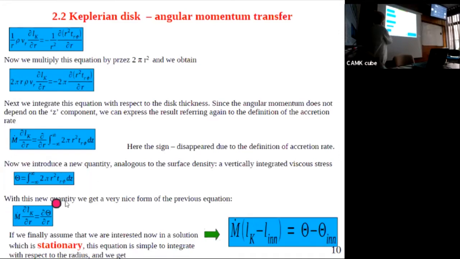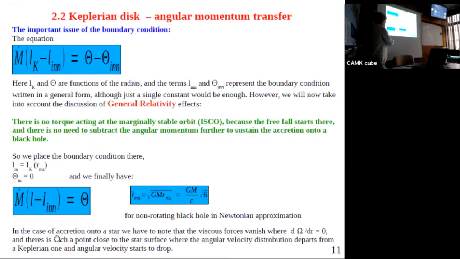If we introduce such a quantity, then we have a very nice simplified expression, and in that form we can easily calculate the final expression. We integrate. That is possible only if we finally assume that the disk is stationary.